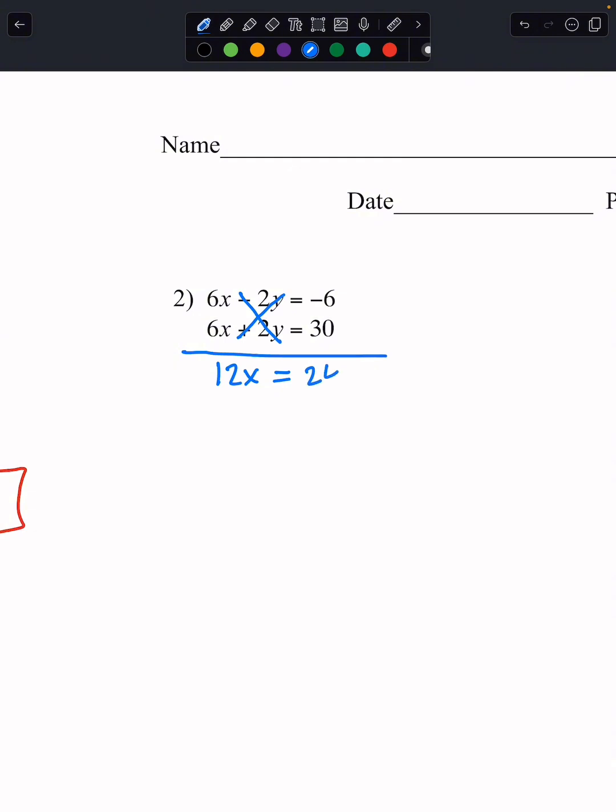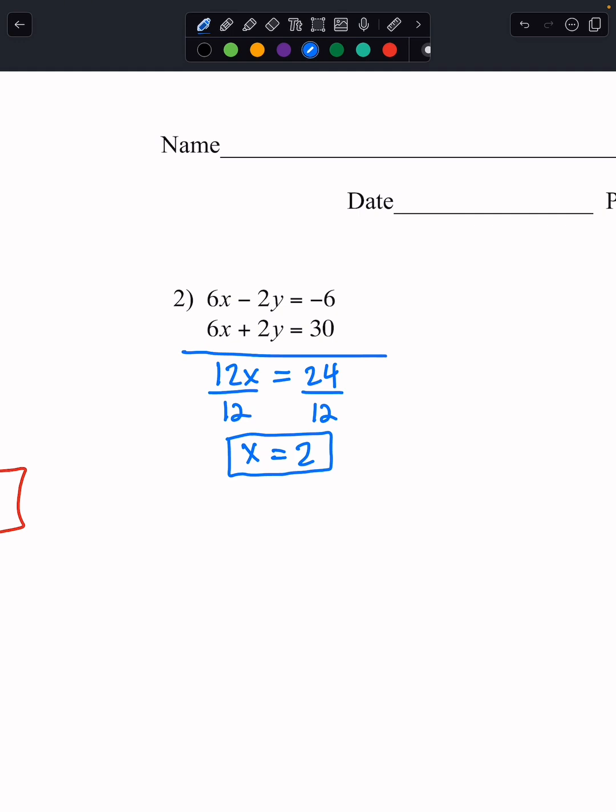So I'm going to divide both sides by 12. And then you're going to get x equals a positive 2. Now I'm going to take that x, I'm going to plug it into either equation that I like. And let's go ahead and plug it into, let's say, the top one.